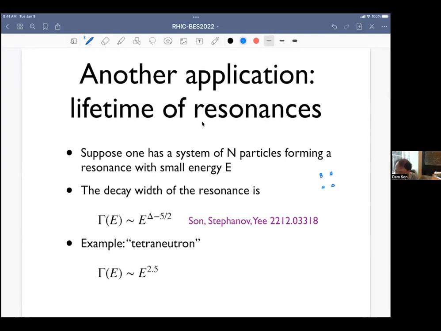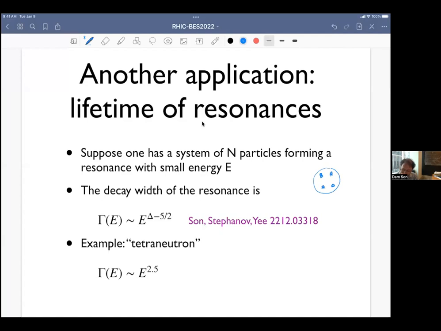But we can imagine that this interaction is fine-tuned so that there is almost a bound state of these 4 particles. Almost a bound state in the sense that if the interaction is just slightly more attractive, we would have a bound state, but it is just not enough to make a bound state.